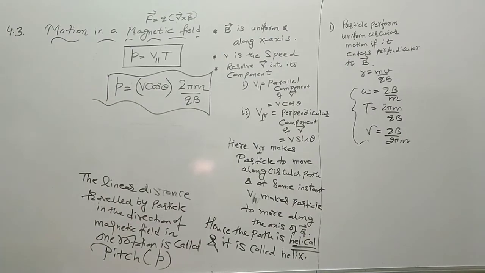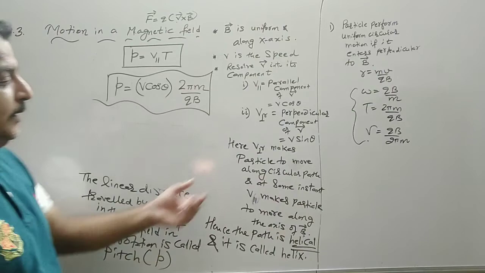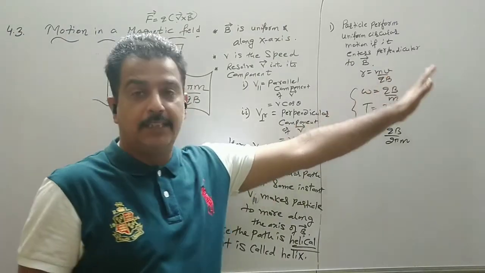So this is another important physical quantity that is called pitch, that is the linear distance along the direction of the magnetic field after one complete rotation, and we call it a pitch. In the place of v parallel we can write v cos theta. Now this radius was given by m v sin theta upon qB.